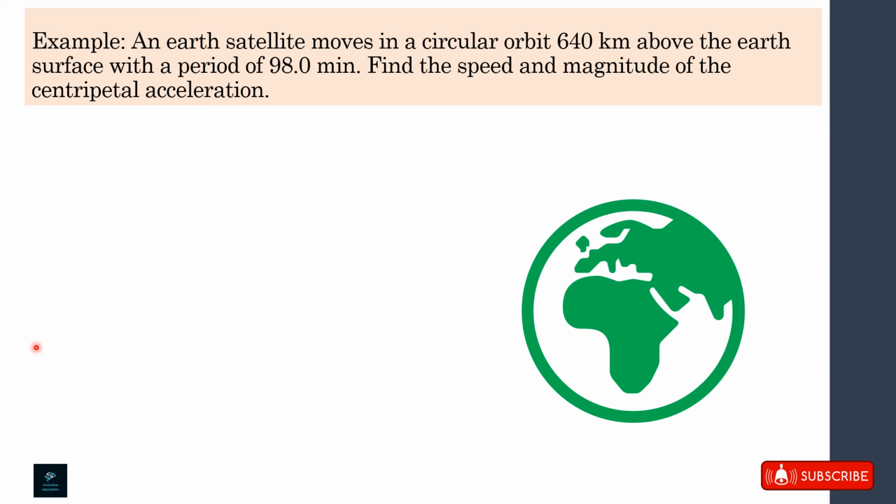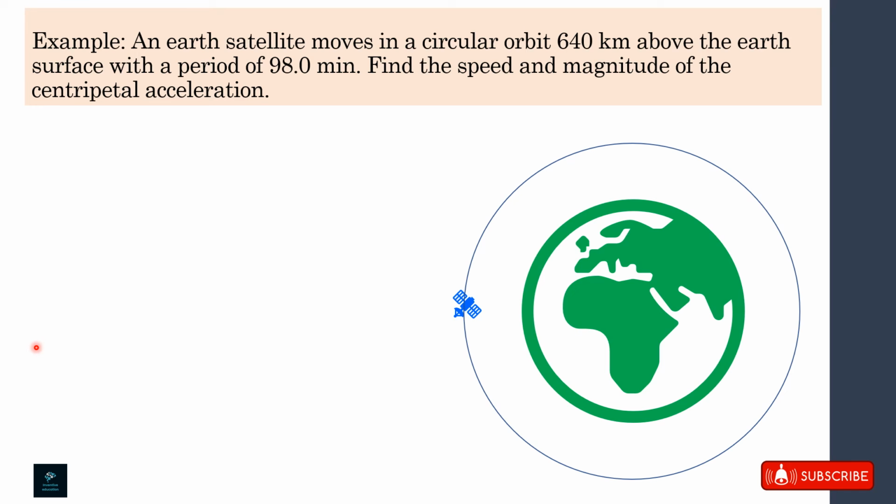So if this is the Earth, the satellite is moving around the Earth in a circular orbit. We can assume that the distance of the satellite from the Earth's surface is d.